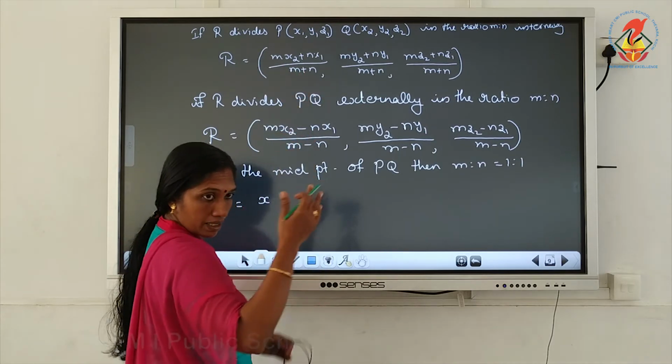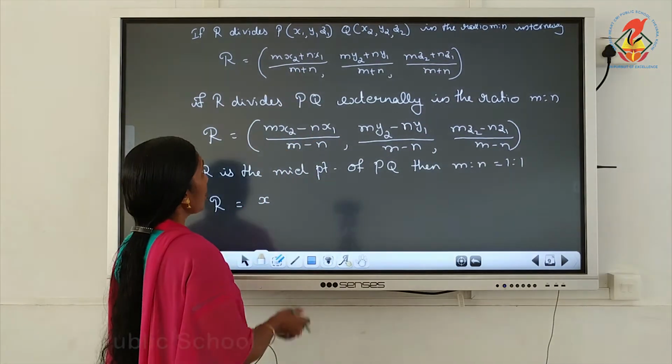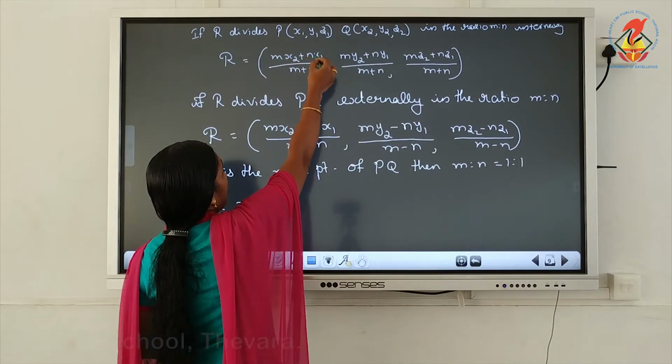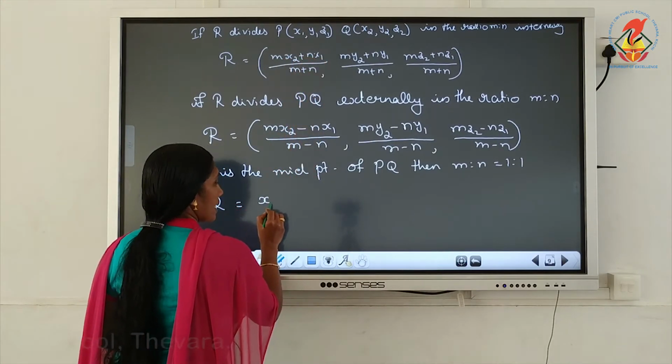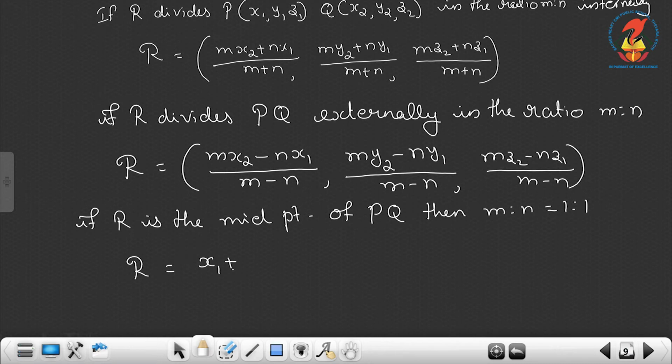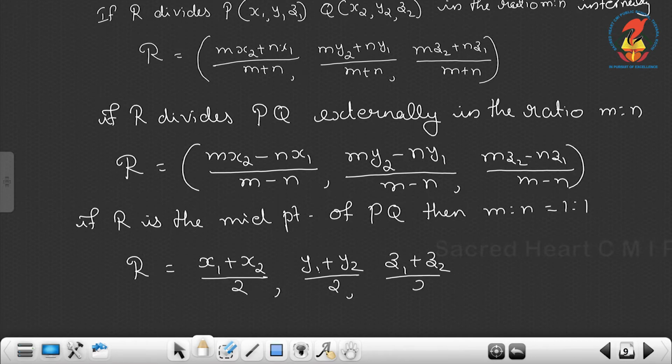Midpoint means it is in between P and Q. So here mx2 plus nx1 becomes x1 plus x2, or x2 plus x1 by 2, m and n being 1 and 1. Then the next is y1 plus y2 by 2 and z1 plus z2 by 2 if R is the midpoint of PQ.